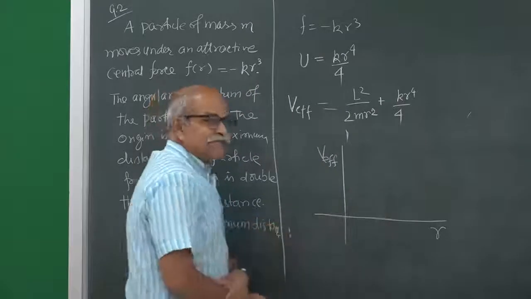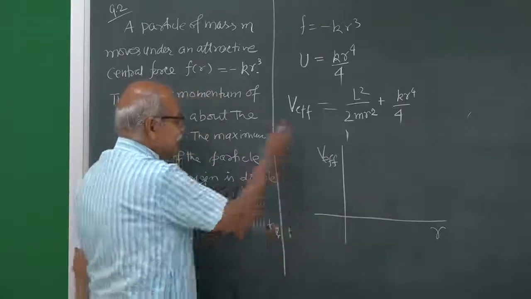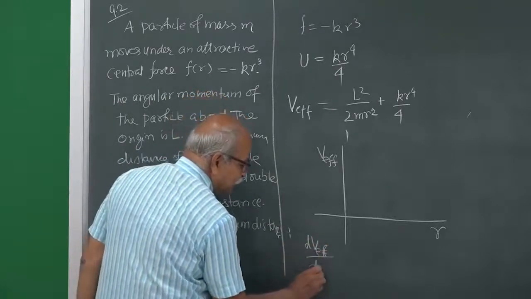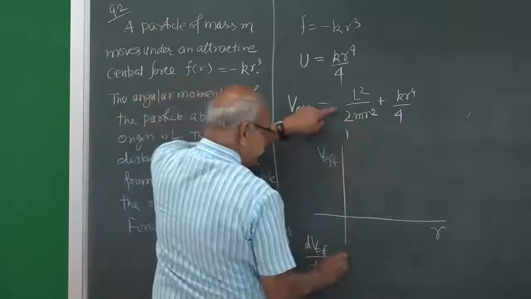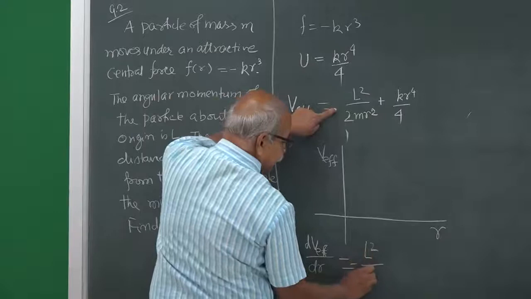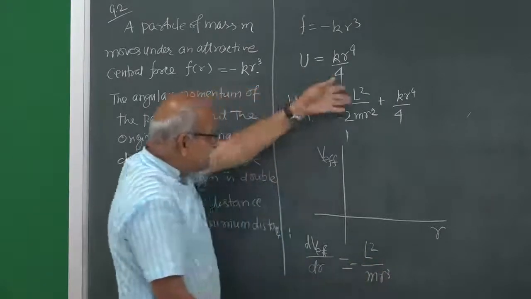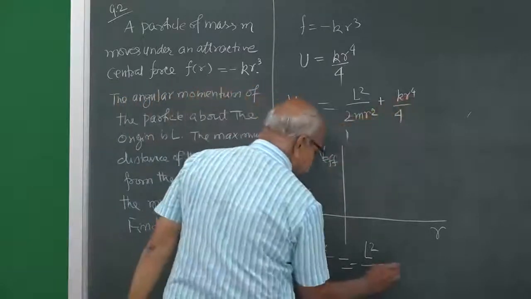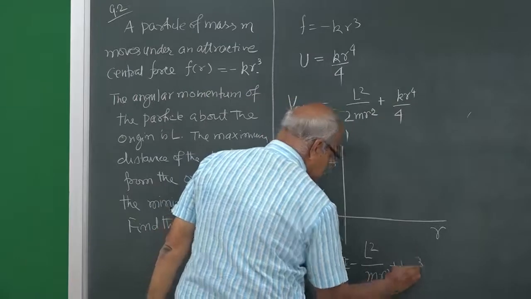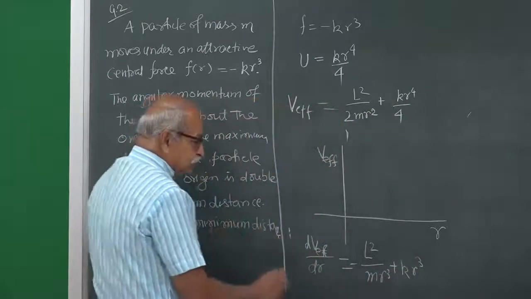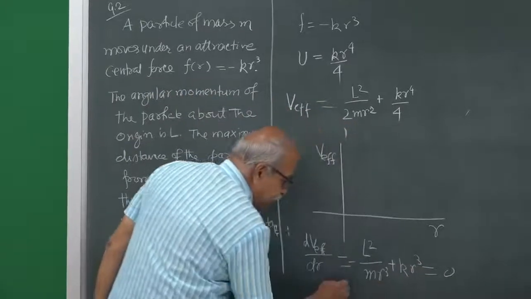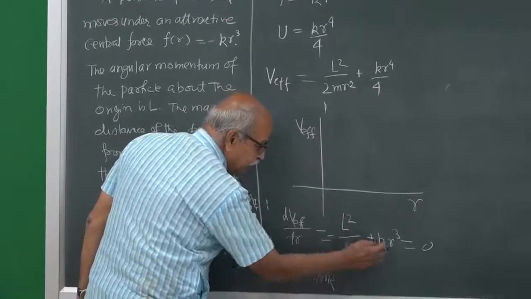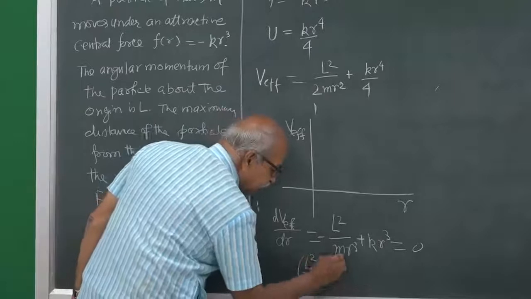What happens in between? So, look for the maxima and minima of V effective, and differentiate this with respect to r. So, if you differentiate, you have minus L square by m r cube, this term will always occur. And then when you differentiate, it will be plus k r cube. If it is going to be 0, then you get L square by m k is equal to r to the power 6.